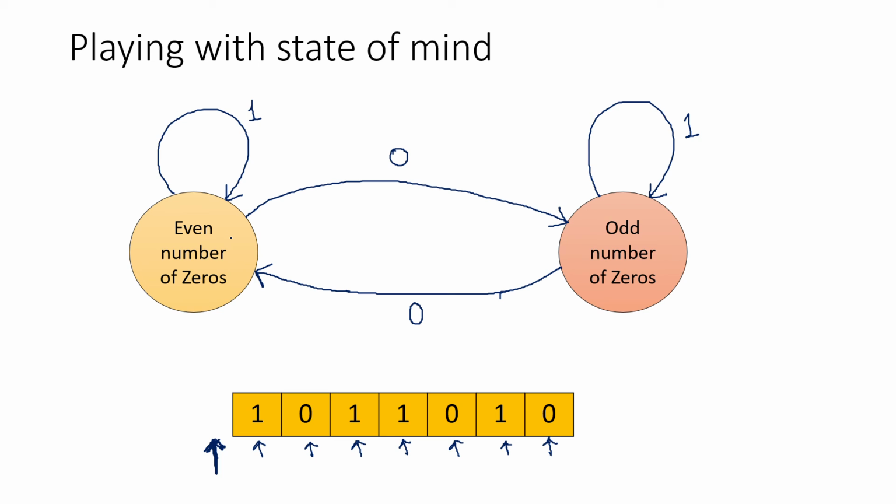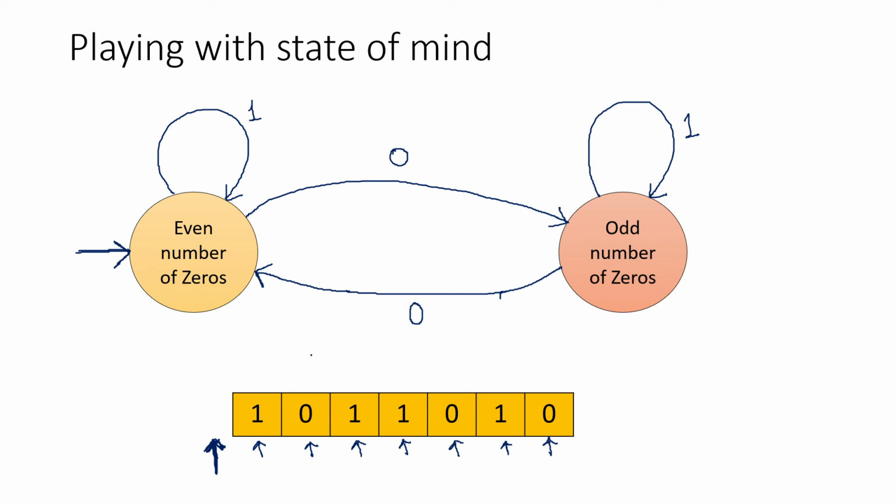Somehow I have to express among these two states that this is the initial state, which we express with an arrow. The state with an arrow coming towards it represents the initial state of the system. That means when you are about to start reading the string, what is the initial state of mind?